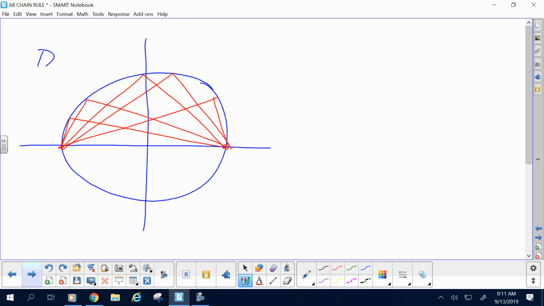A right triangle is inscribed. Now, every one of those, it might not look like it, but every one of those has a right angle there. And that's because if this arc is 180, it doesn't matter where that angle falls, it's got to be 90. All right, now that's great, but I'm going to look not at these guys for my area, but this for my area.